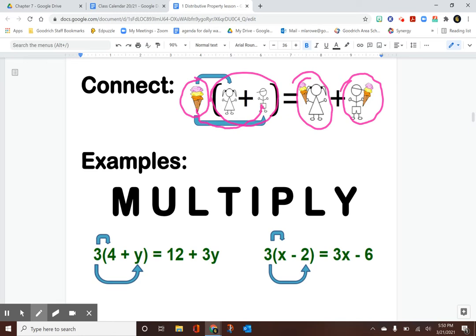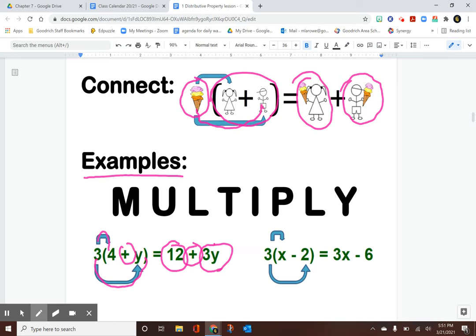When we take this idea and we connect it to math, looking at some kind of variable group or algebraic expressions, we would do 3 times 4, which is 12, plus 3 times y, which just looks like 3 y's.